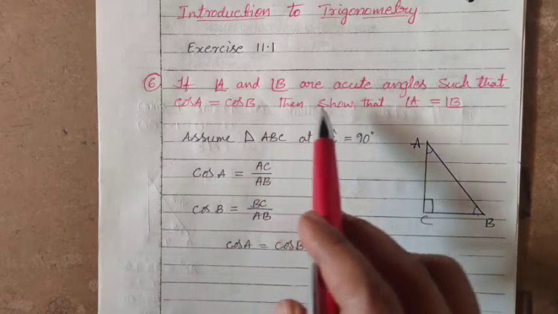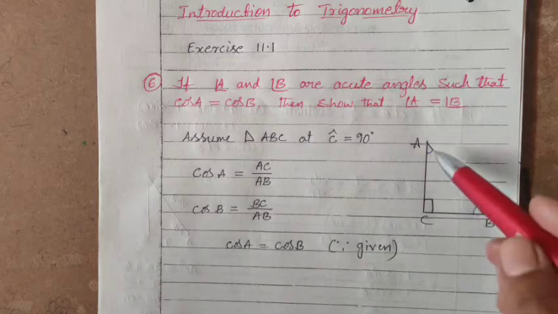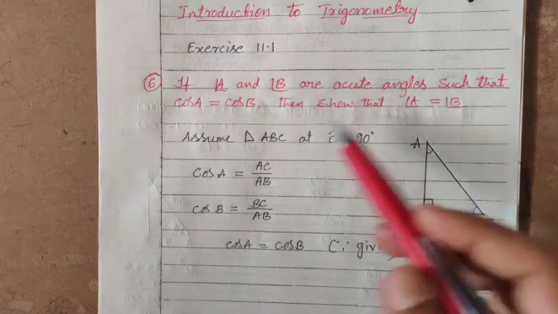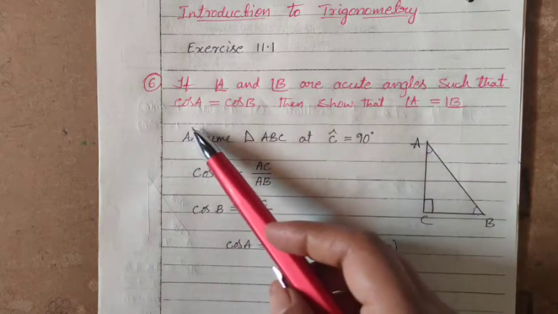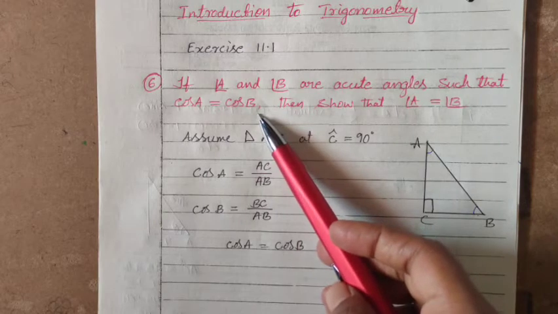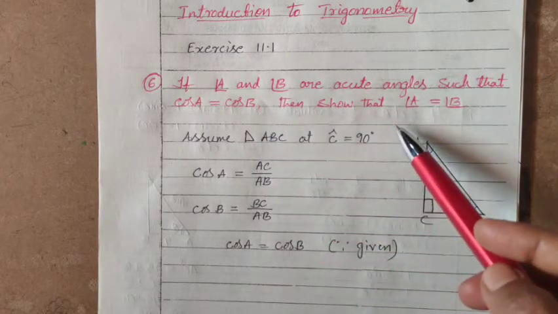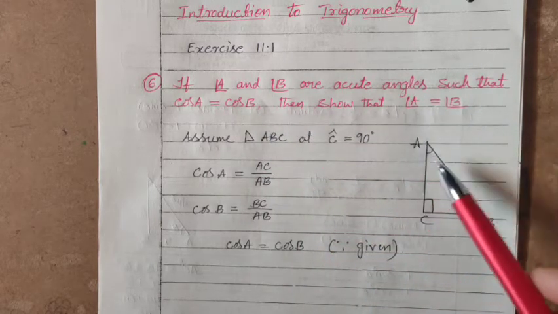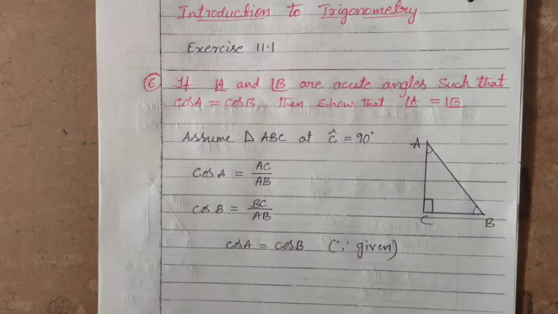Here A and B are acute angles. The given data is cos A equal to cos B. Now we want to show that angle A equal to angle B.